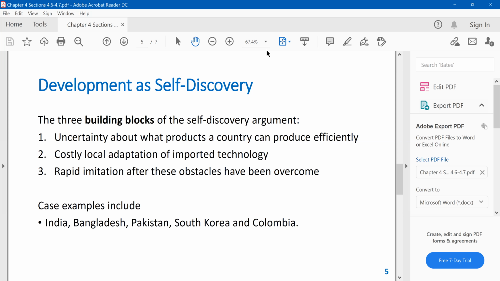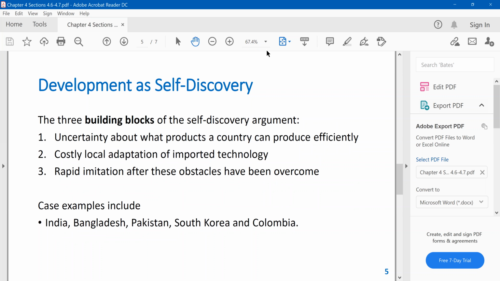Then we also assume that, in the second stage, they can pay a cost and adopt foreign technologies. Okay, so now this is a slightly larger model, right?